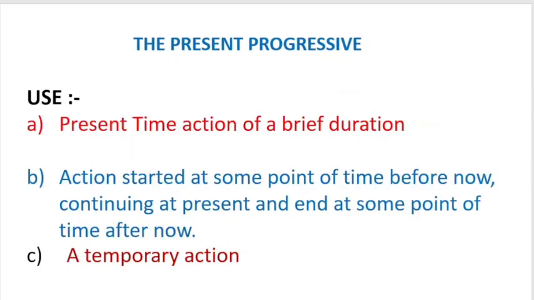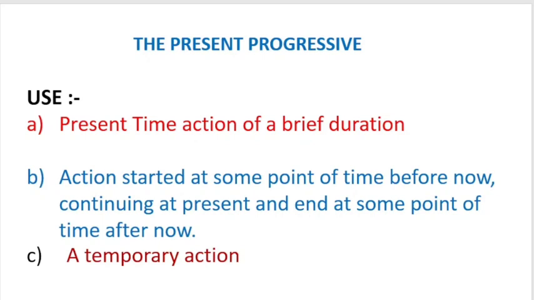Next we will know the use of present progressive form. We can use it for a present time action of a brief duration, an action started some point of time before now, continuing at present, and ending at some point of time after now.